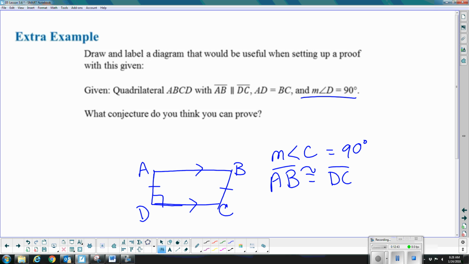You might be able to prove that this is a rectangle. Or that AD is parallel to BC, that it's maybe a parallelogram. So there's a number of different things that you could potentially prove, but start with your diagram.